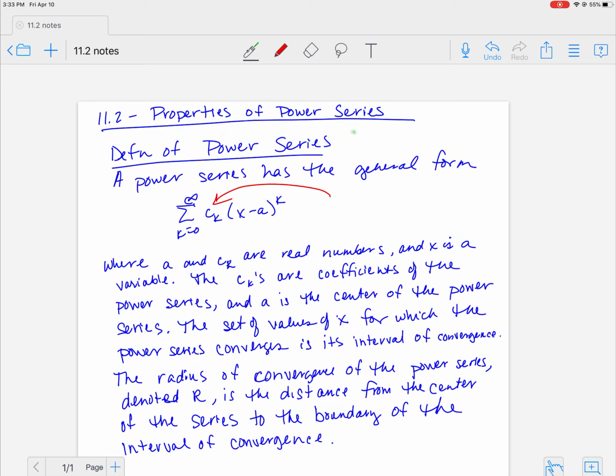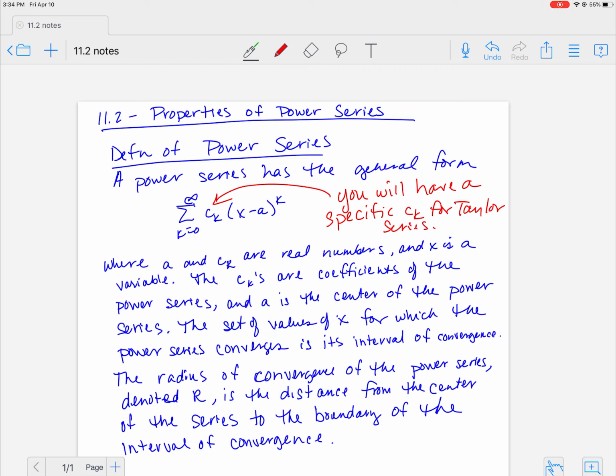Our next section is going to focus on Taylor. But here I'm just doing general old power series. So I'm not going to get real specific on this at this point, but here's a teaser for you. You are going to have a specific c sub k for Taylor when we get there, okay?